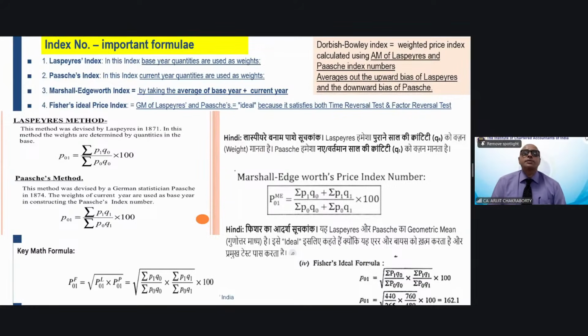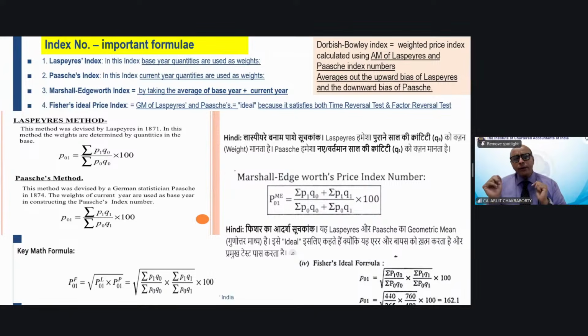Now we see on the upper right hand side of the slide you can see the Dorbish-Bowley index. Please keep a note of this also. Here the weighted price index is calculated using the arithmetic mean of the Laspeyres index and the Paasche index.